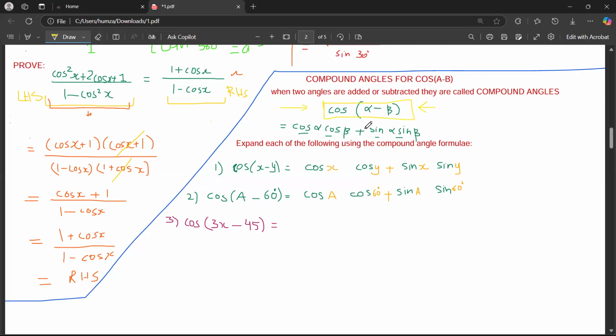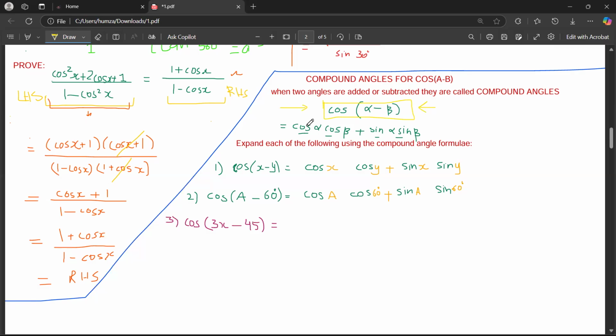And so cos alpha cos beta plus sin alpha sin beta. So this is the pattern we are going to use to expand this compound angle. For example, alpha can be anything: A, 3x, B, C, D, 40, anything. Beta can also be anything: Y, 60, 40, X, 1, 2, 3, anything it can be, right?